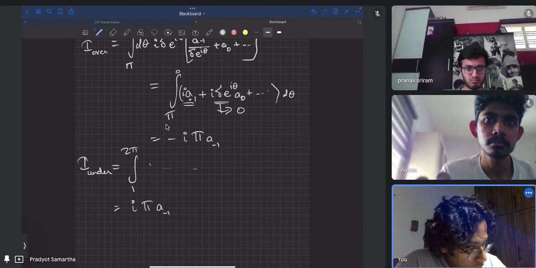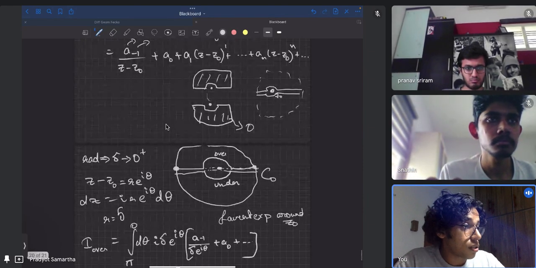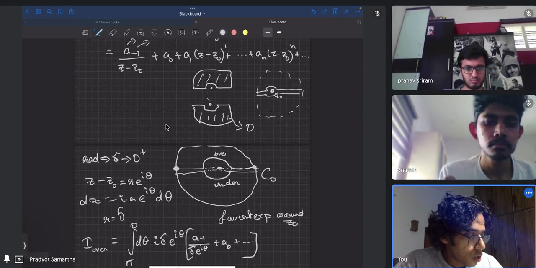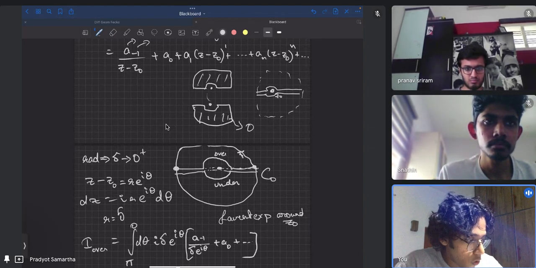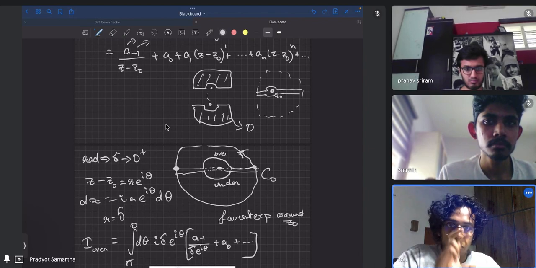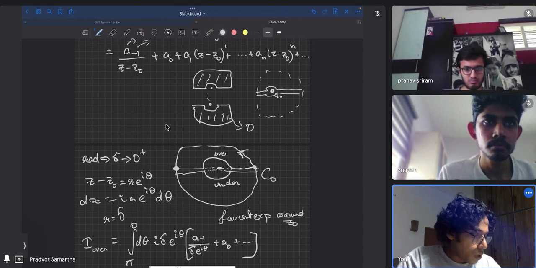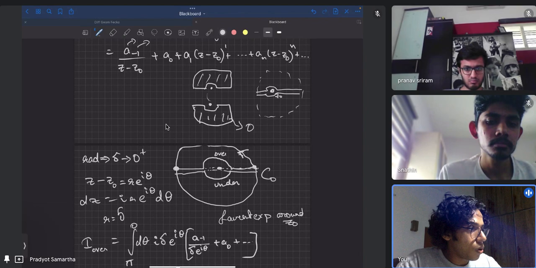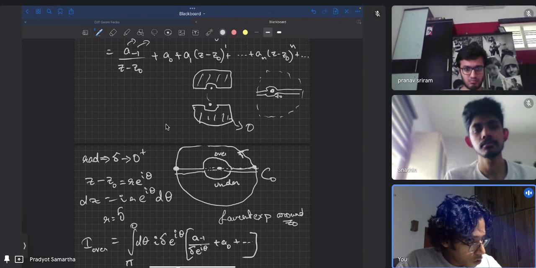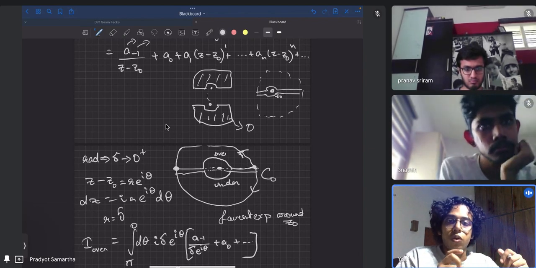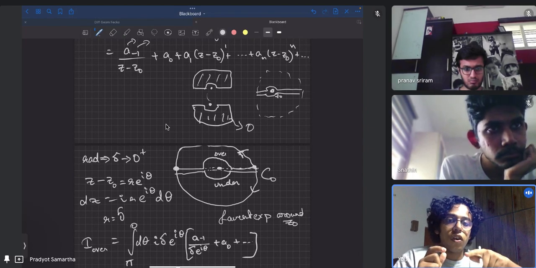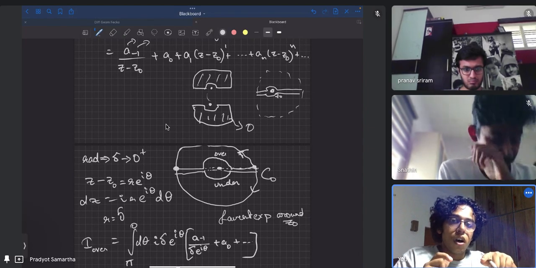Okay, let me just draw this arrow diagram here, just so that it's clear. Once we fix the direction along the outer contour, you see that you can take the integral over each part.